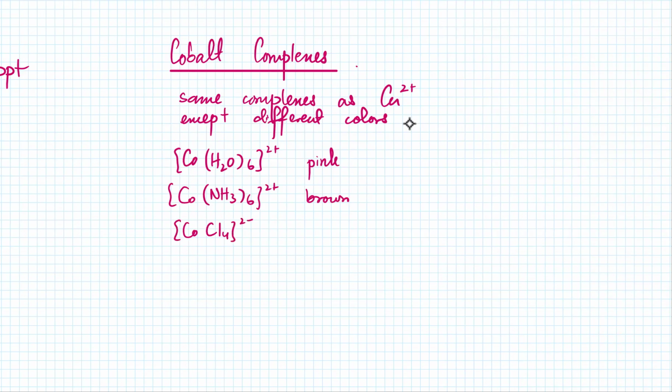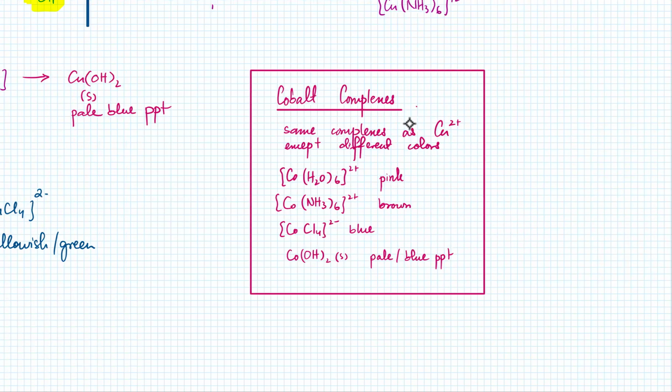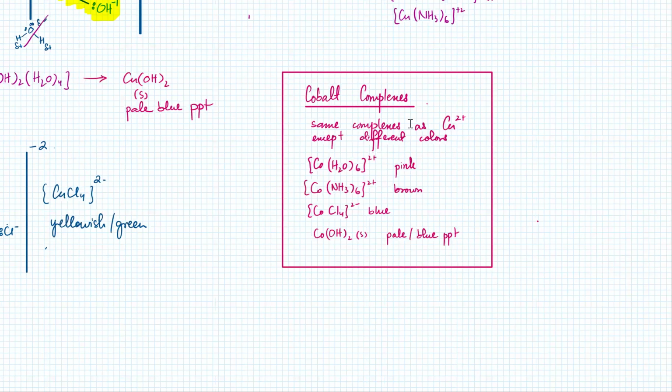Even the formulas are exactly the same. What is the color for this one? This one is blue in color. And then finally you have copper hydroxide precipitate. That's a pale blue precipitate. So it's exactly the same except that the colors are different. That's it.